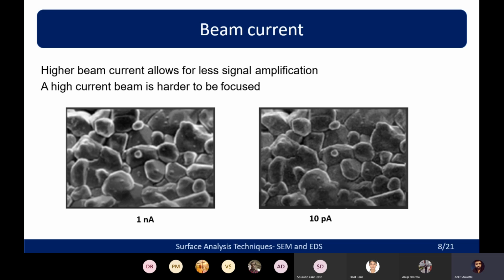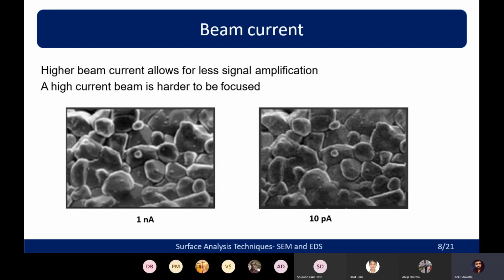Generally we try to reduce the beam current, but with beam current reduction there is one major problem: noise appears in the spectrum or the image you are getting. If you decrease the beam current very low, there is a problem of noise.